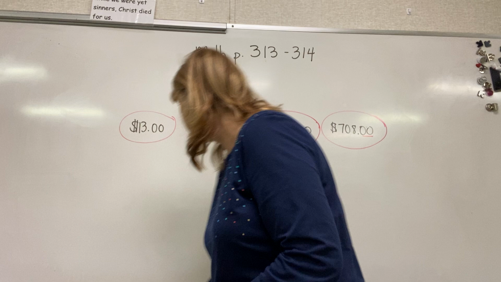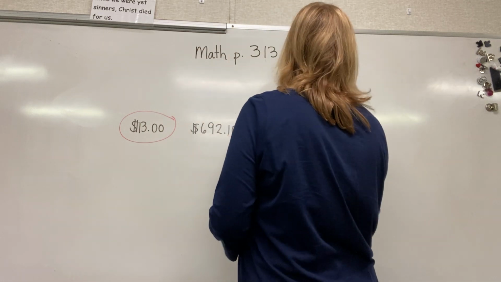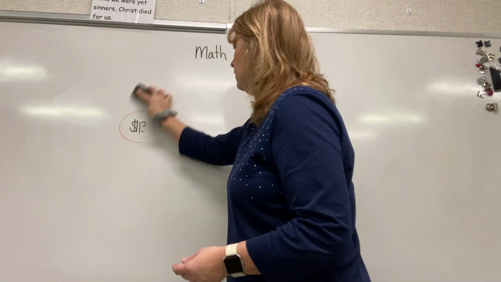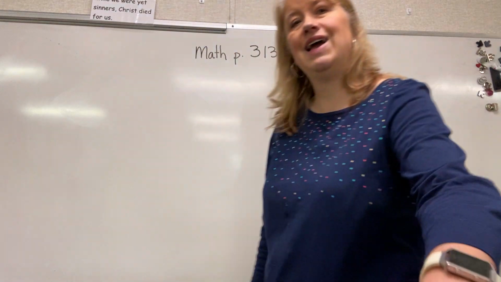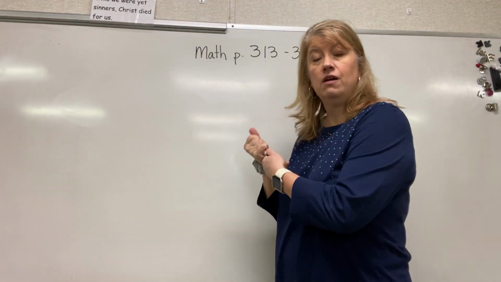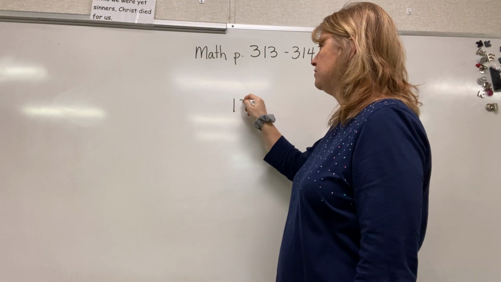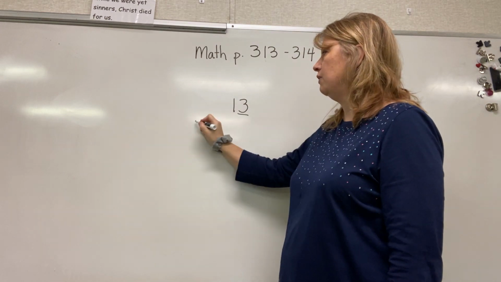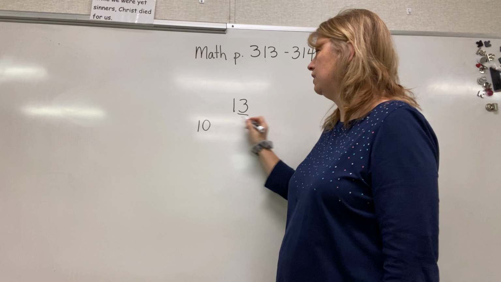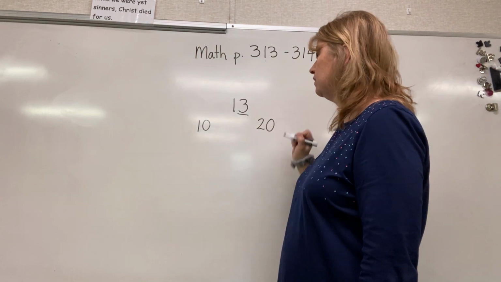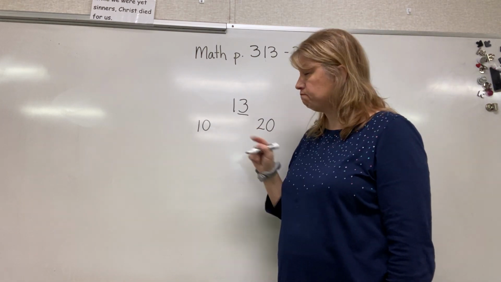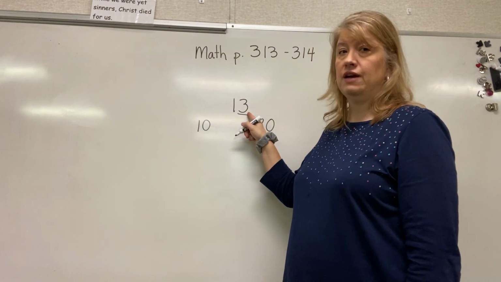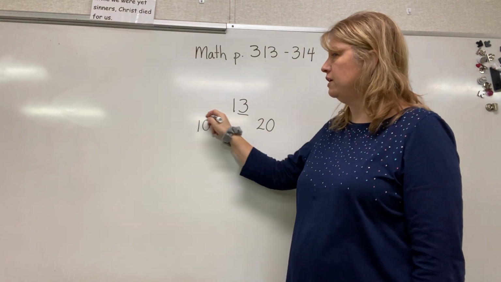All right, let's look. Let's put 13 on the board. If we round that, we look at the 3, and our choices are 10 and 20. 3 is less than 5, so we would go to 10.